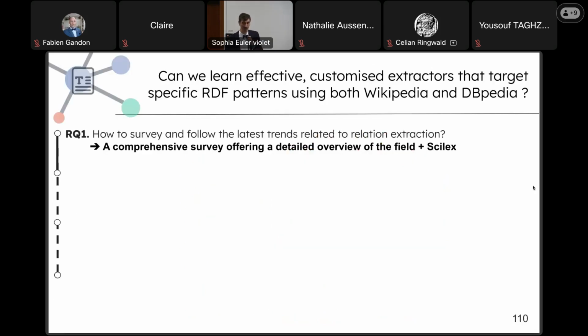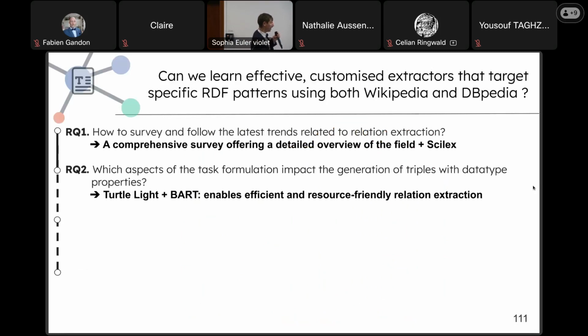So, this is the moment for me to conclude. First, with our first proposal, we propose a comprehensive survey offering a detailed overview of the field. On the same occasion, we also proposed a software called SALLEX that is actually used by some of my colleagues to start their research. Secondly, we proposed the foundation of our pattern-based relation extraction by demonstrating that Turtle rules combined with BERT enabled efficient and resource-friendly relation extraction.